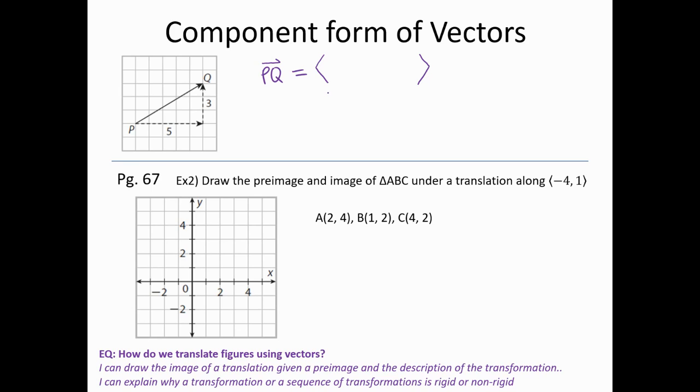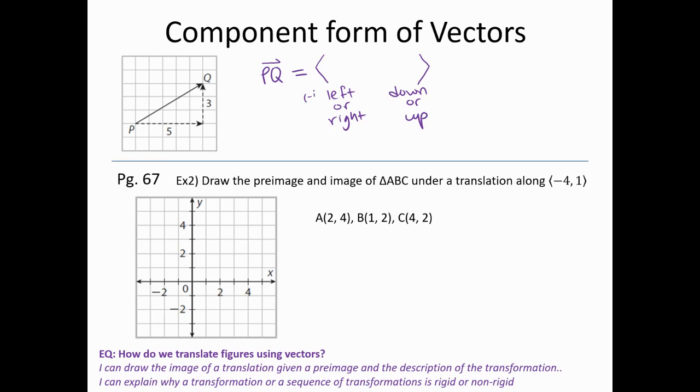The first number is going to tell us left or right, based on whether it is positive or negative. And then the second number is going to tell us whether we go down or up. So left or right, and this one is going to be down or up. And again, that's based on negative or positive.